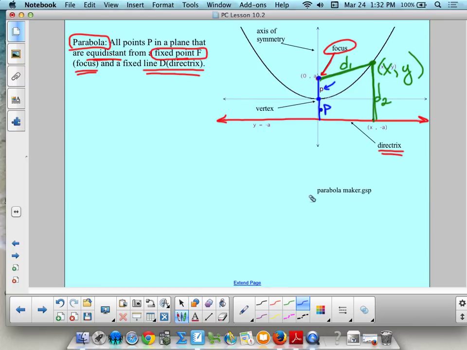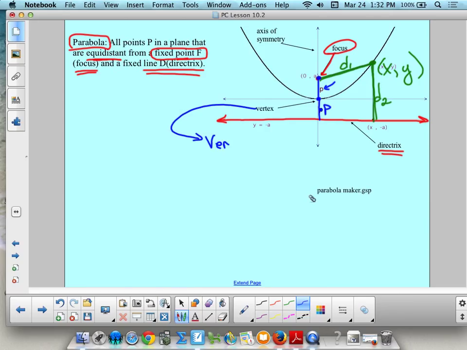You see that distance, P, and that distance, P, equal distance. So that should tell you something about the vertex. Where is the vertex found if this distance is P and this distance is P? Right in the middle.